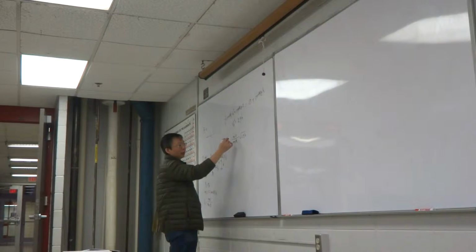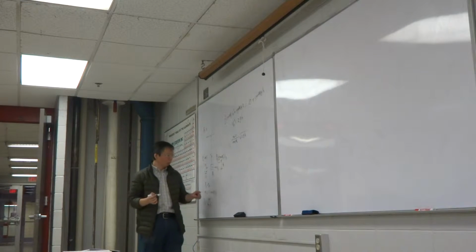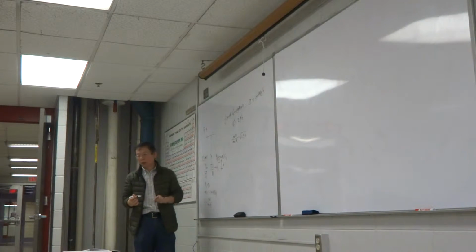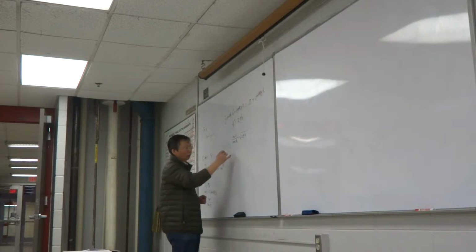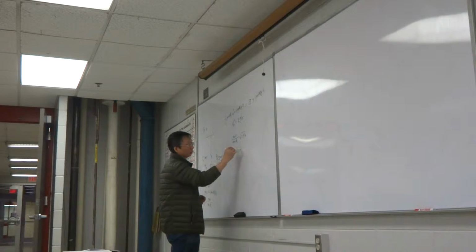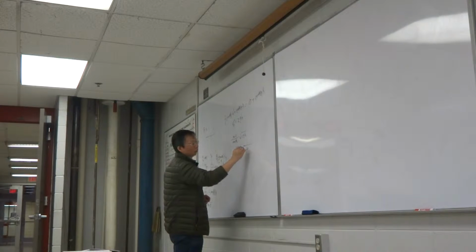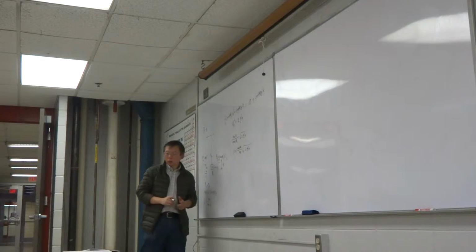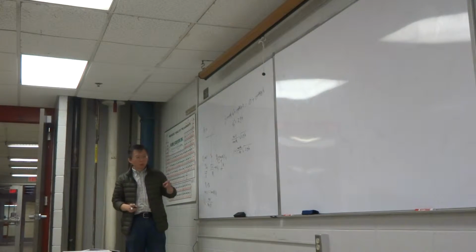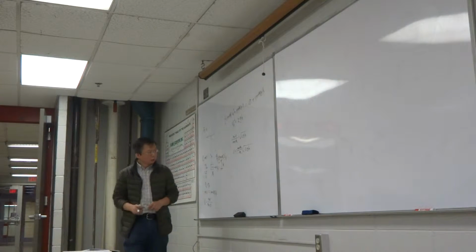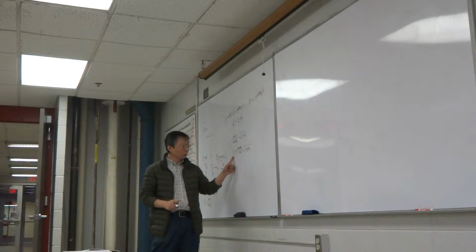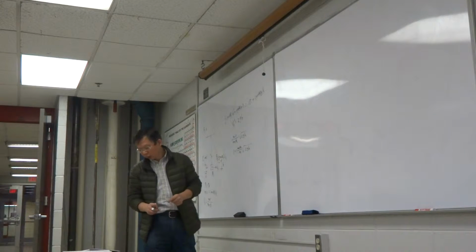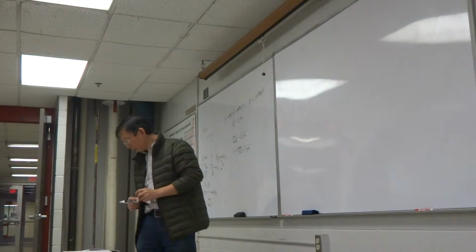Then we relate the initial speed of that bullet with this height: v equals (m plus M) over m times the square root of 2gh. Okay? So that's the result they're asking for, relating the initial speed of the bullet to the maximum height.